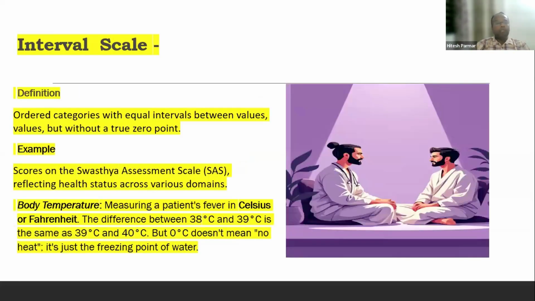And in terms of interval as well as ratio data, you can perform everything, but the preferred ones are the mean, standard deviation, minimum, and maximum. These are the four things you should calculate for interval or ratio data. What is the minimum value? What is the maximum value? What is the average mean value?